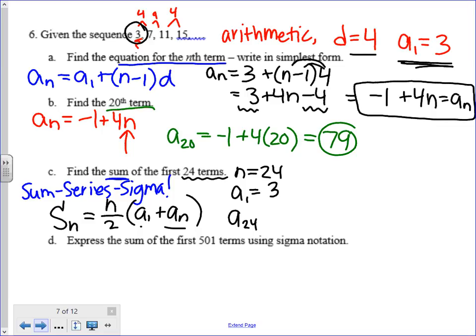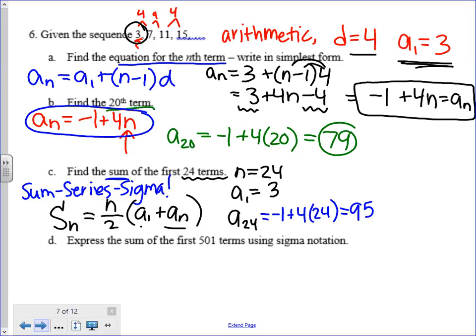I don't have that value yet, so I go back to the formula I found in part A, negative 1 plus 4n, in order to find the 24th term. So I have negative 1 plus 4 times 24. To simplify that, it tells me that the 24th term is 95.